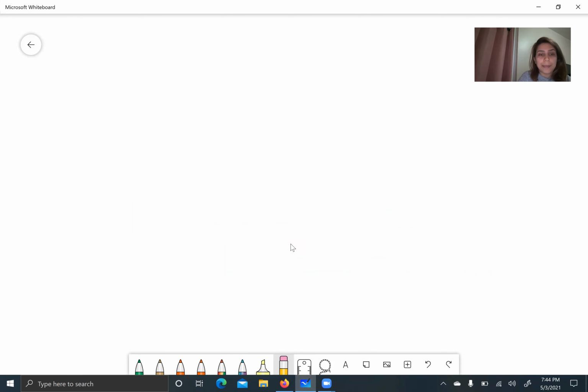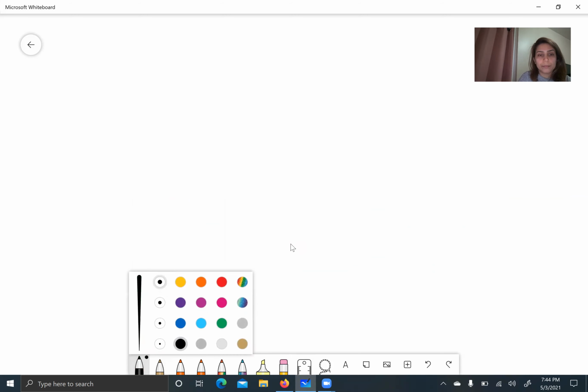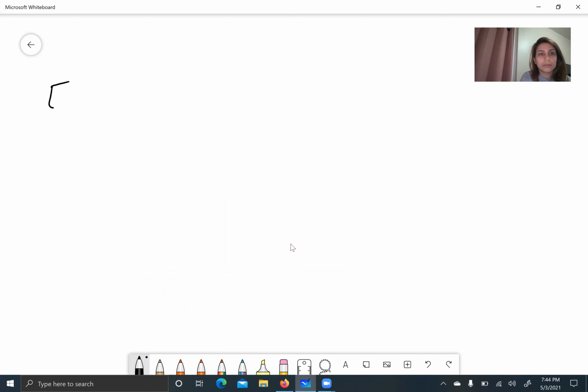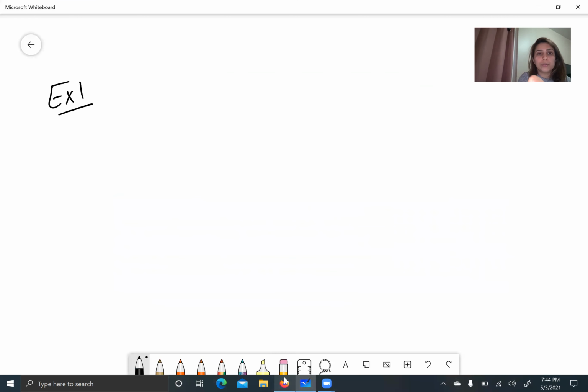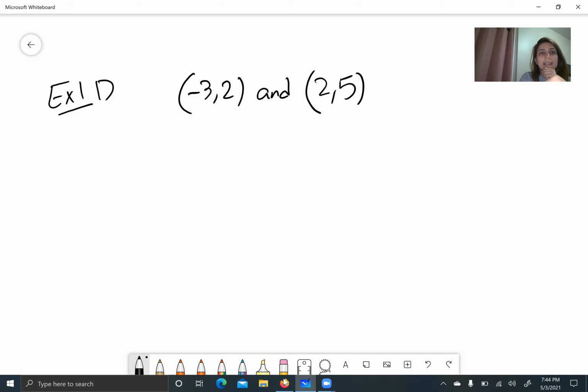This example gives us 2 points on the plane: -3 and 2, and the point 2 and 5. And the question is, what is the distance between these 2 points?